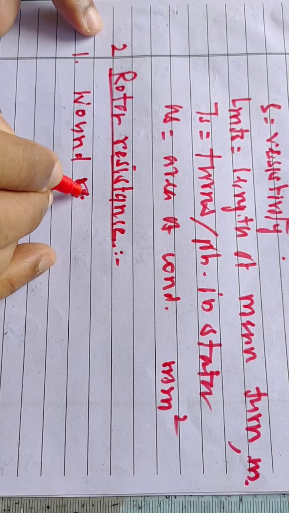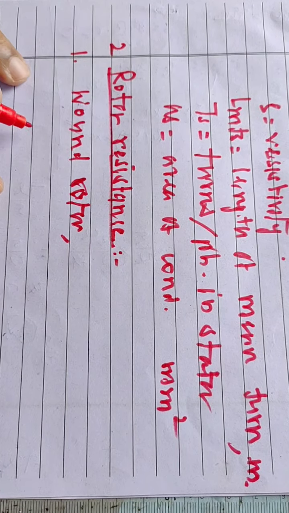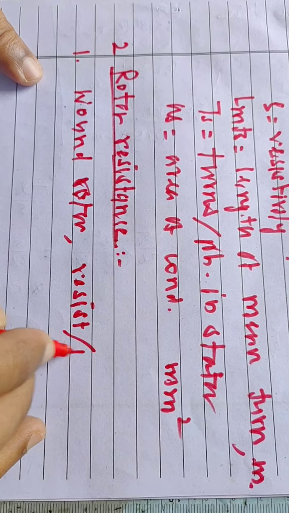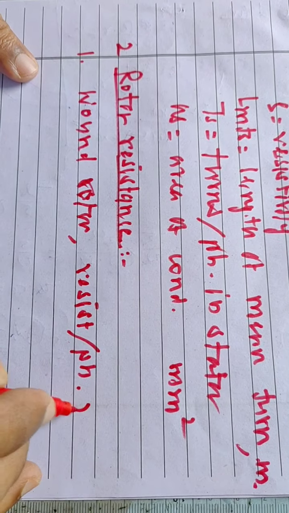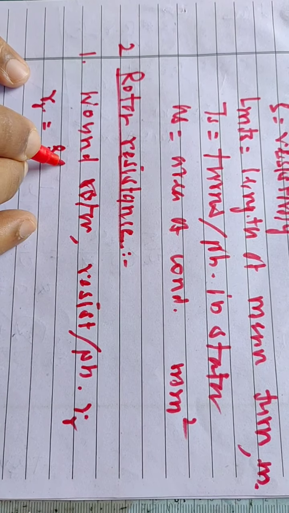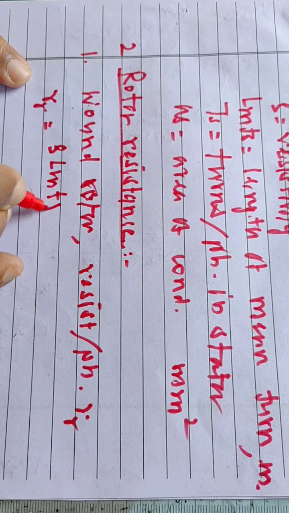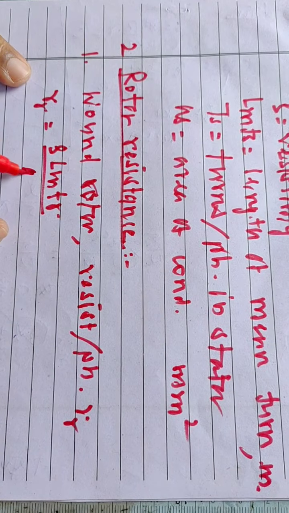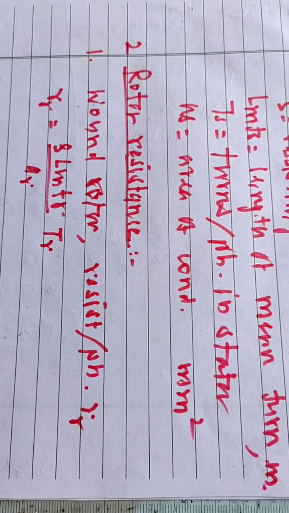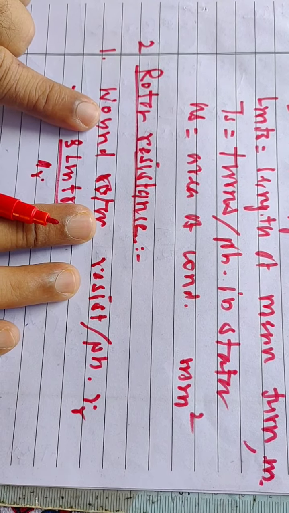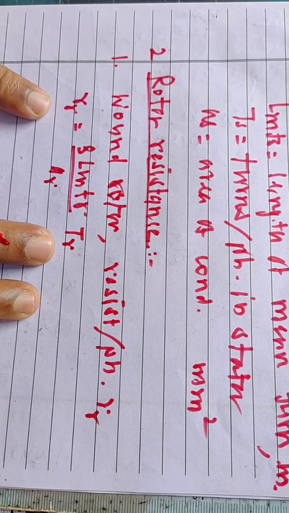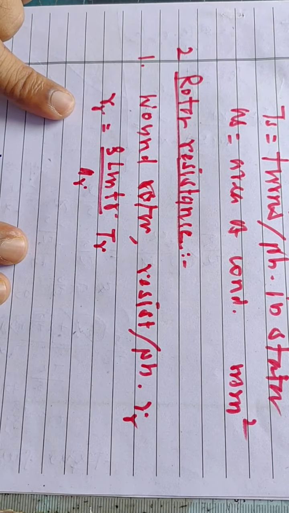For wound rotor, resistance per phase RR can be determined as RR is equal to rho LMTR upon AR into TR. Symbols are as usual. So this is the resistance of one turn multiplied by TR, turns per phase. So this is the rotor resistance per phase.